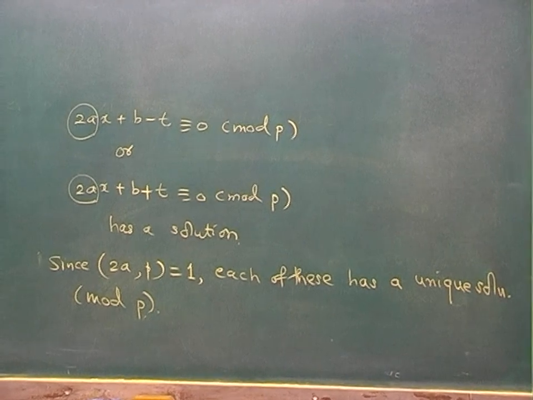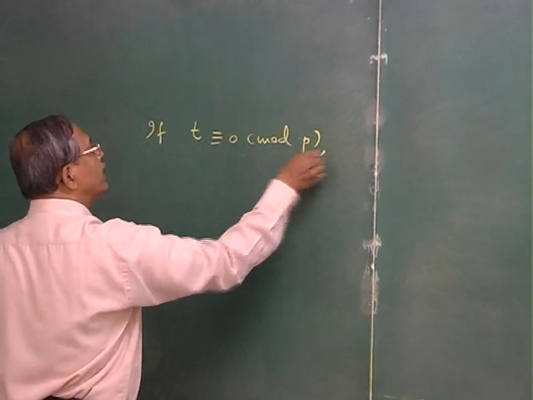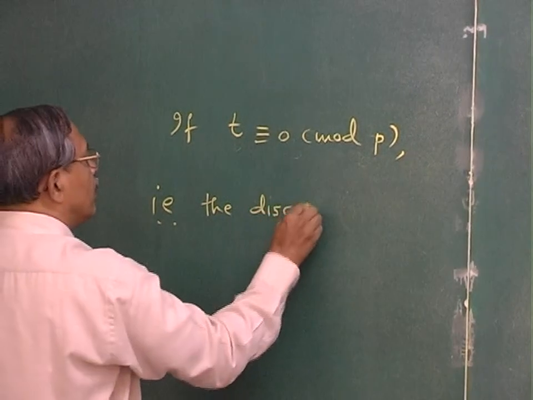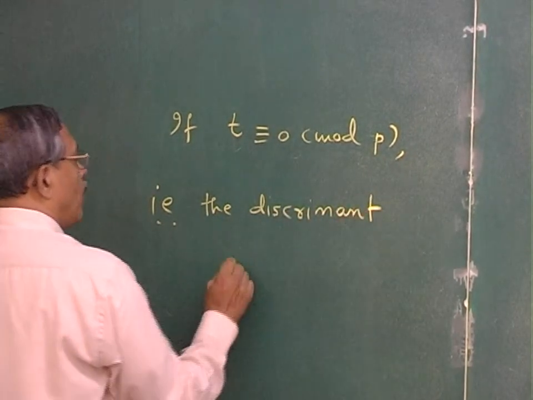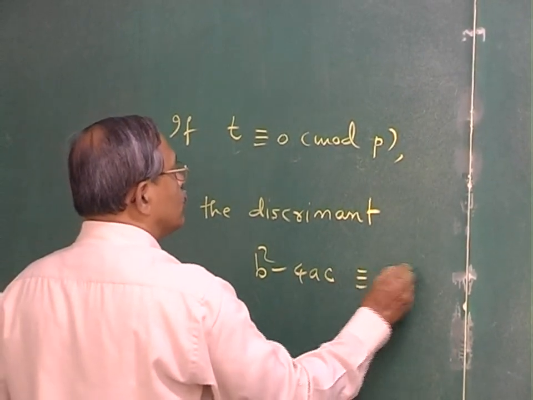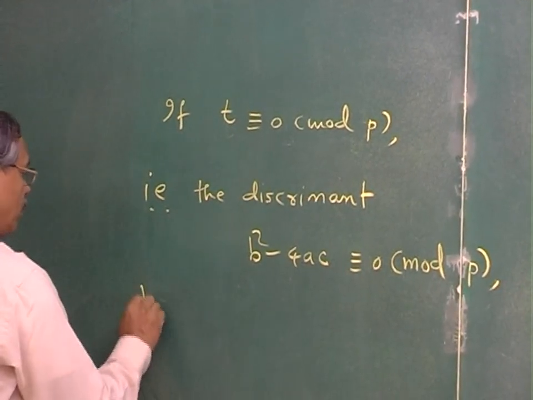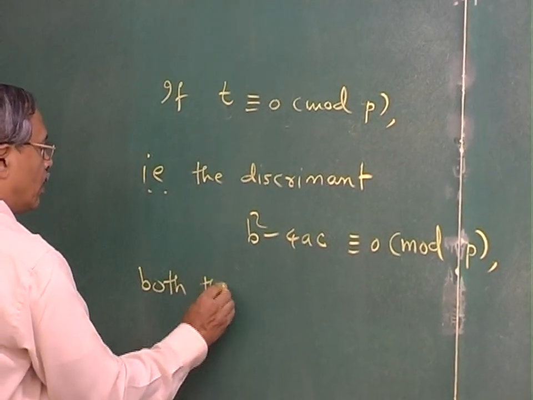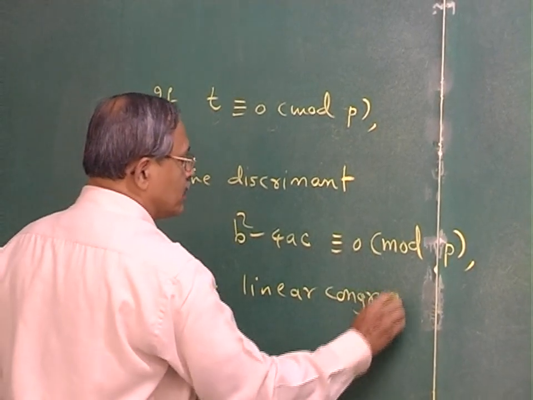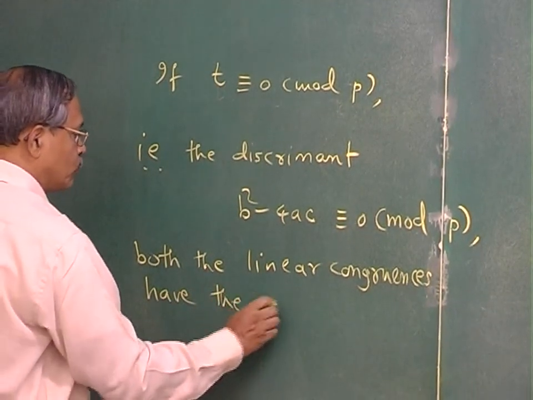So if t is congruent to 0 mod p, that is the discriminant b square minus 4ac congruent to 0 mod p, then the two linear congruences have the same solution.